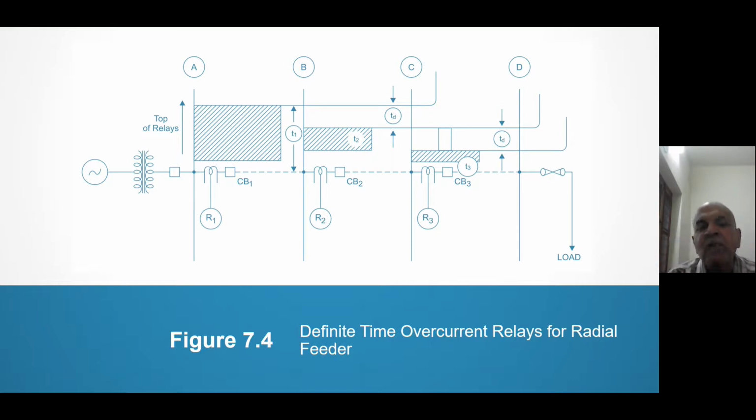Now, a little more time has a technicality which we will talk about later, but a discrimination margin of 0.25 second is used. Therefore, R3 will operate after 0.1, R2 after 0.35, and R1 after 0.6 seconds.